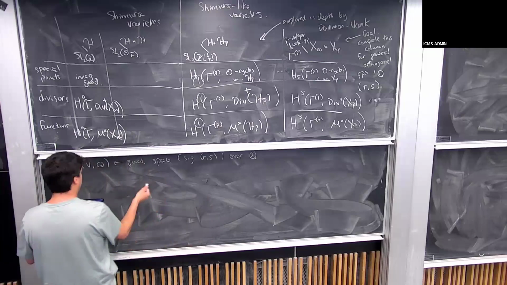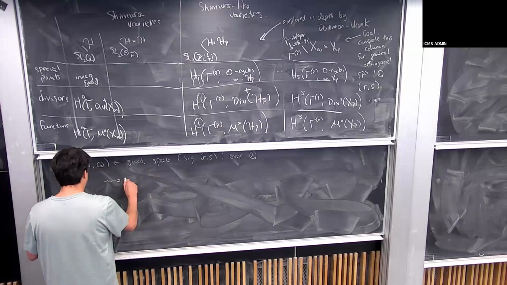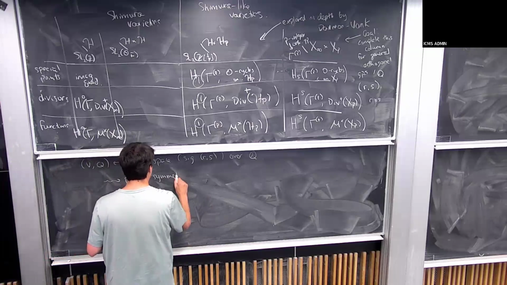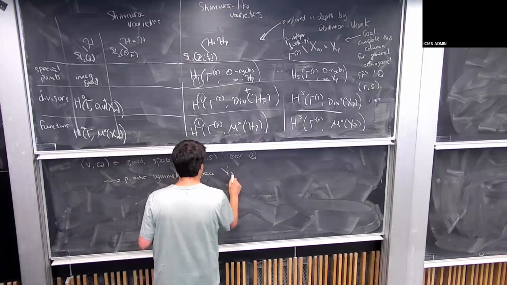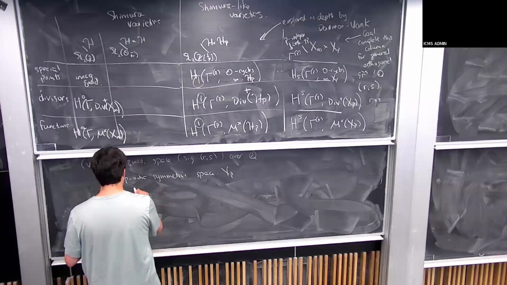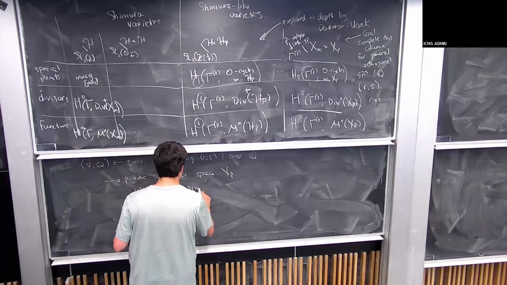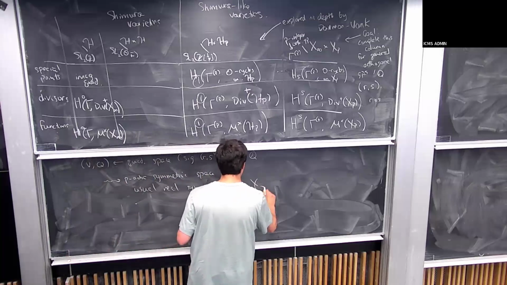okay, so given this data, we want a p-adic symmetric space X_p. We want a usual symmetric space X_infinity.